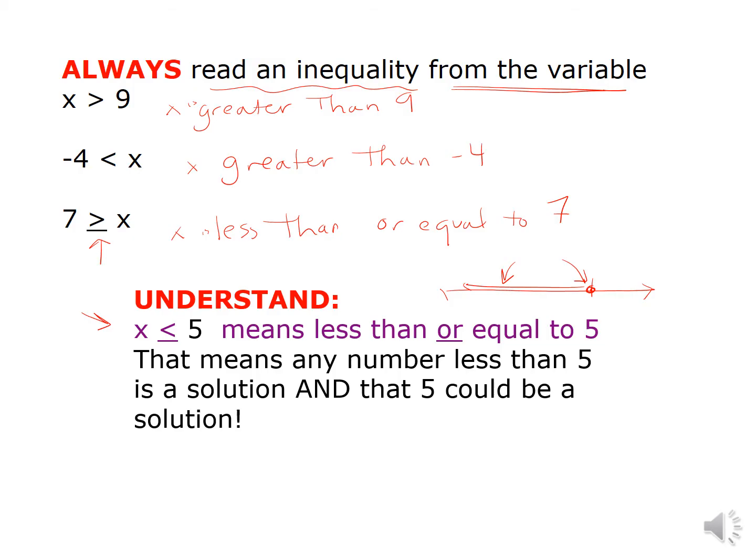So if I said 5 is less than or equal to 5, that is true. If I said 3 is less than or equal to 5, that is true. But when I have x is less than 4 and I do this, that is false because there is no equal sign.